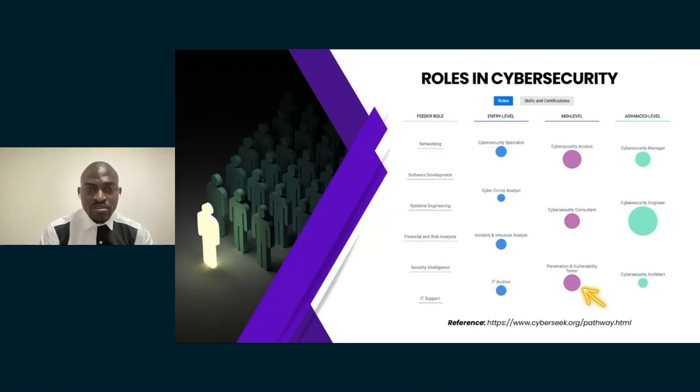So we have a cybersecurity specialist, cybersecurity analysts, incident and intrusion analysts, IT auditors, penetration testing and vulnerability testers, cybersecurity consultants, cybersecurity managers, cybersecurity engineers, and cybersecurity architects. So the roles keep increasing. There's the CISO, which is the CCO type of role.